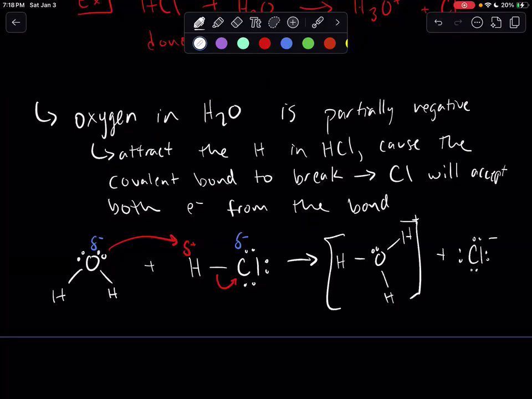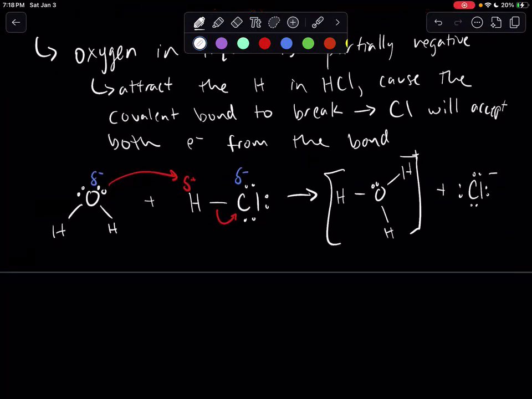This is looking at it from the perspective of the electron movement or electron pair donation and accepting. So we can really say that we are demonstrating electron transfer in reactions. So instead of looking at proton transfer, we're now looking in terms of electron transfer.